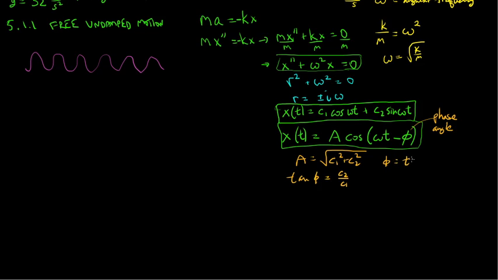So you just have to be careful when defining it this way. Just make sure you know which of C1 and C2 is negative or positive, and then make sure you're in the right quadrant. Yep, so that's the relationship between the C's and the A and the phi here, right? So you probably remember why we call it A. A is for amplitude, right? So the A is also the amplitude here.